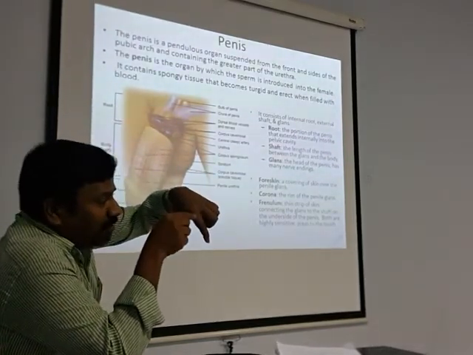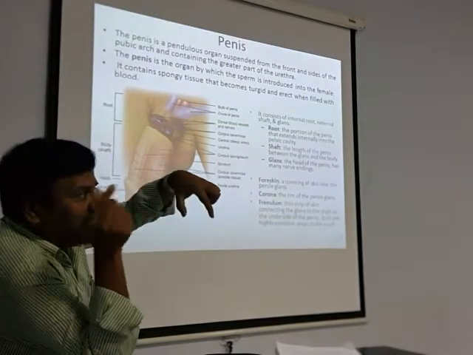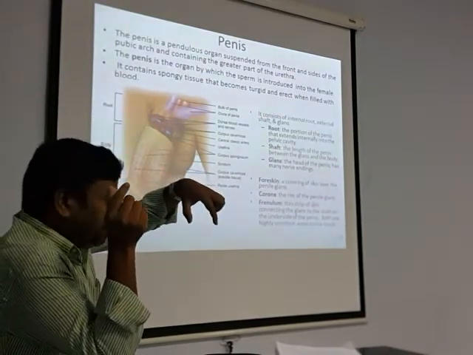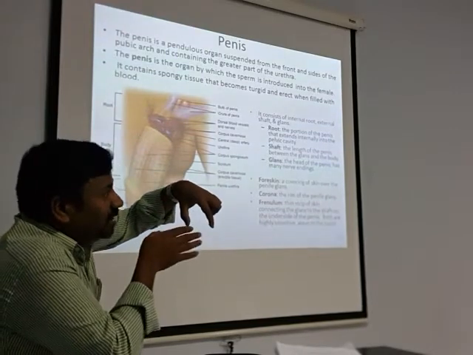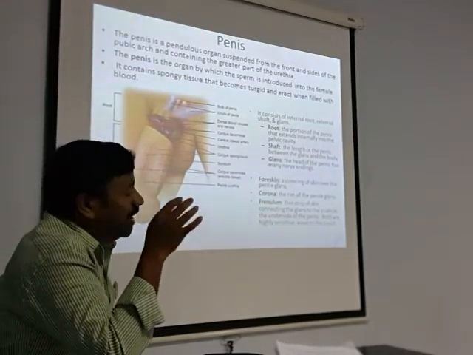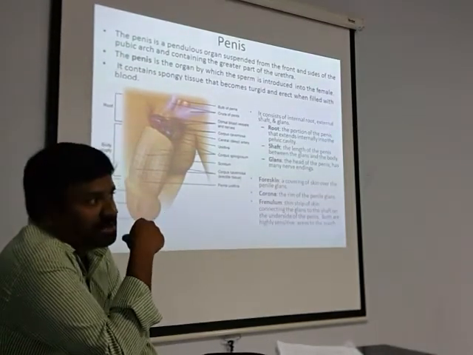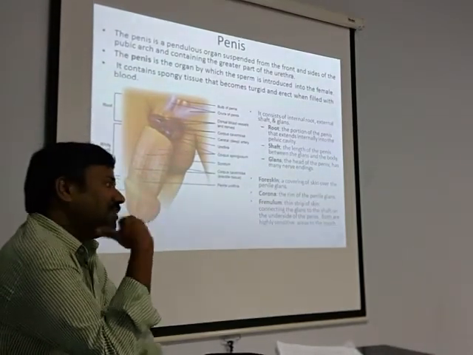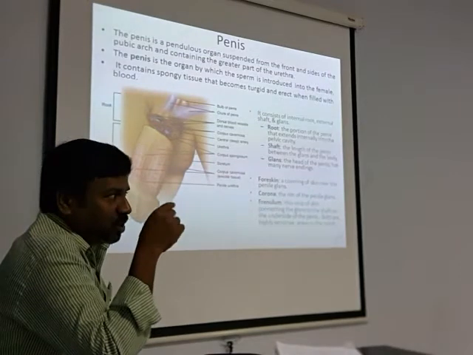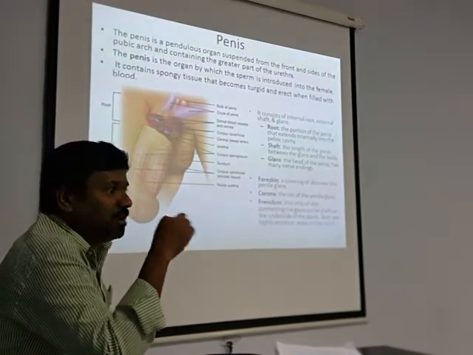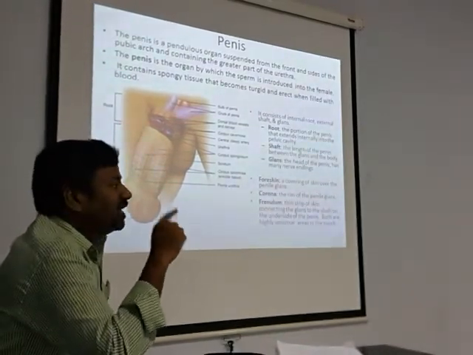From the front and sides of them you have the attachment of the penis. This organ is part of both the urinary system as well as the reproductive system, because in males you have a common pathway for urinary as well as genital.